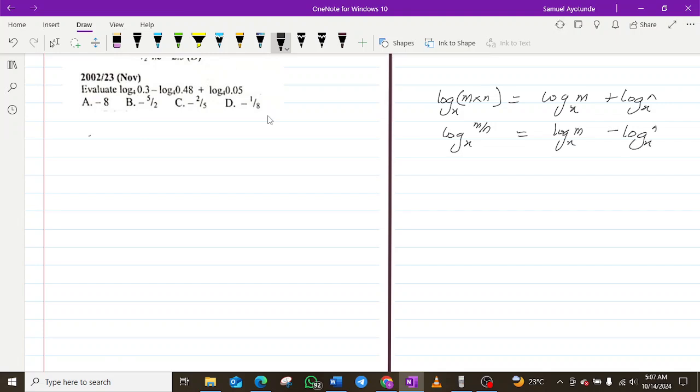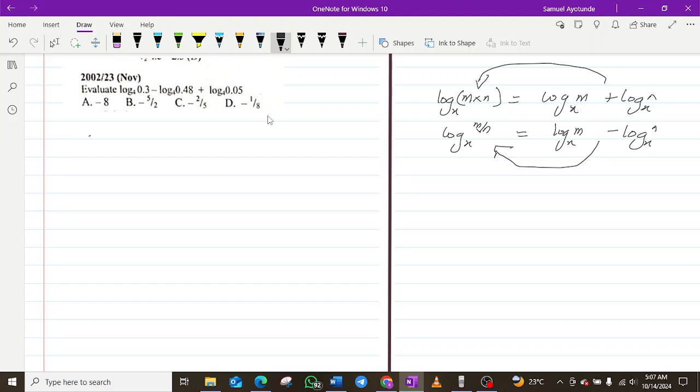So from here, since I have negative and positive in between, I'm simplifying in this pattern from the right to the left. Where I have subtraction, it will change to division. Where I have addition, it will change to multiplication.